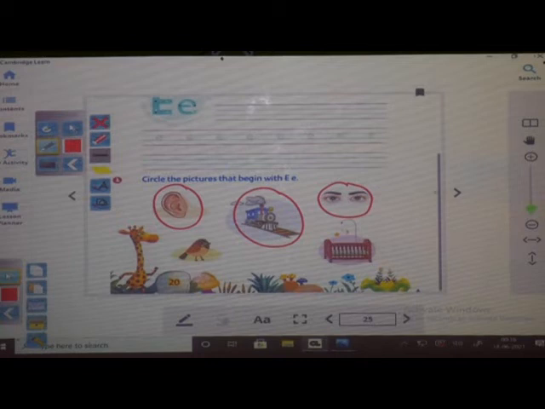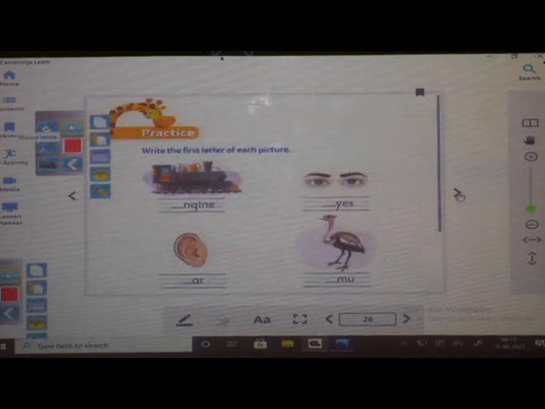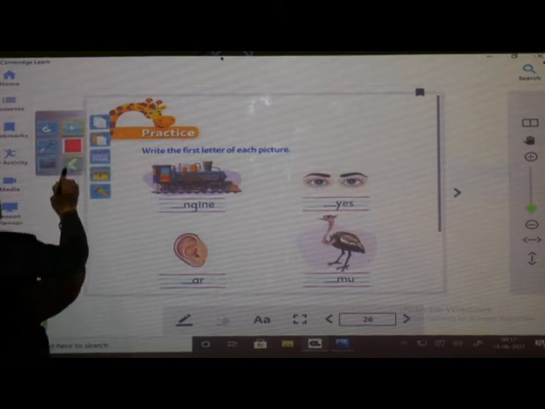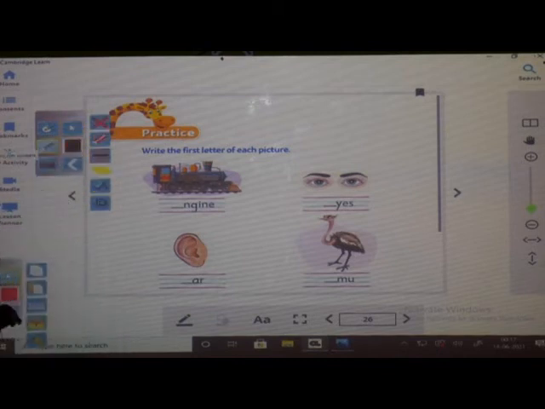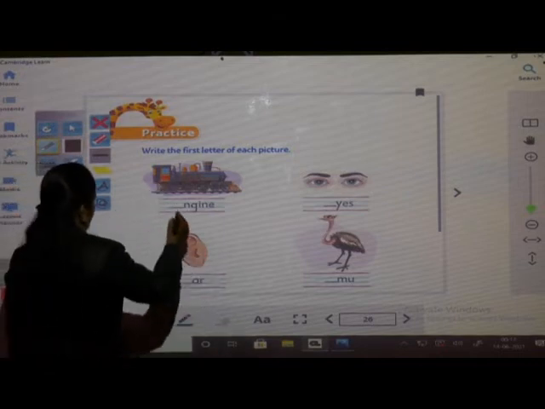Now after completing this, you have to turn the page. Open page number 21. Here we have to do practice. Write the first letter of each picture. Which picture is this? Engine.